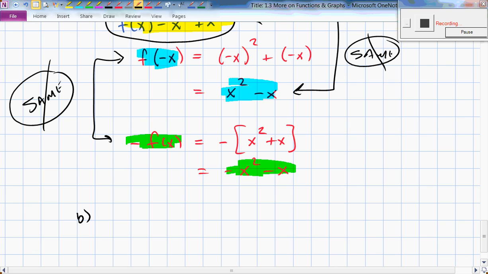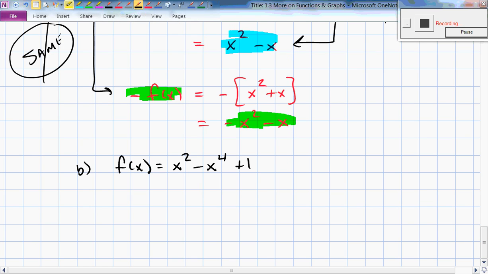All right. Let's talk about this one. Let's do f of x is equal to x squared minus x to the 4th plus 1. All right? Good. There's the original function right there. Let's take f of negative x.